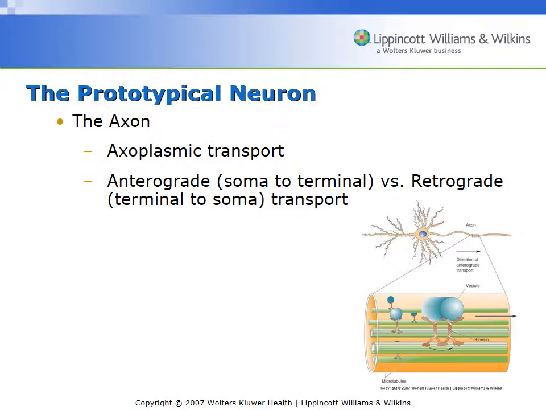Basically, degeneration of the axon is a result of the normal flow of the material from the soma to axon being terminated. It's cut. So the movement of material down to the axon is generally known as axoplasmic transport.